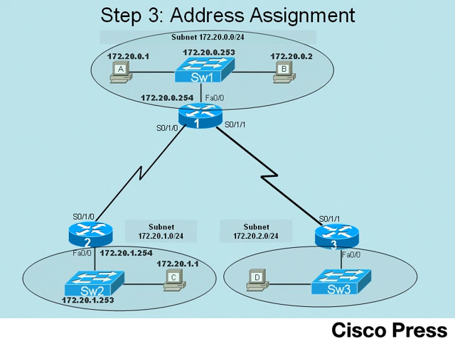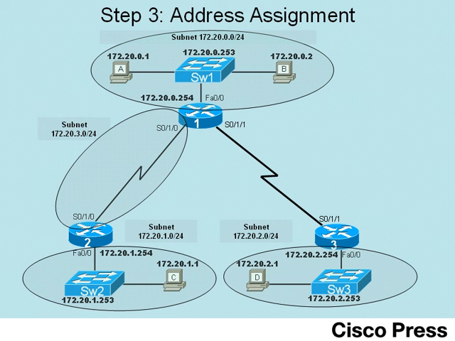So we assign router 3 the IP address of 2.254, which is the largest IP address in that subnet, followed by 2.253 as switch 3's IP address. As usual, host D gets the smallest IP address in the subnet of 172.20.2.1.